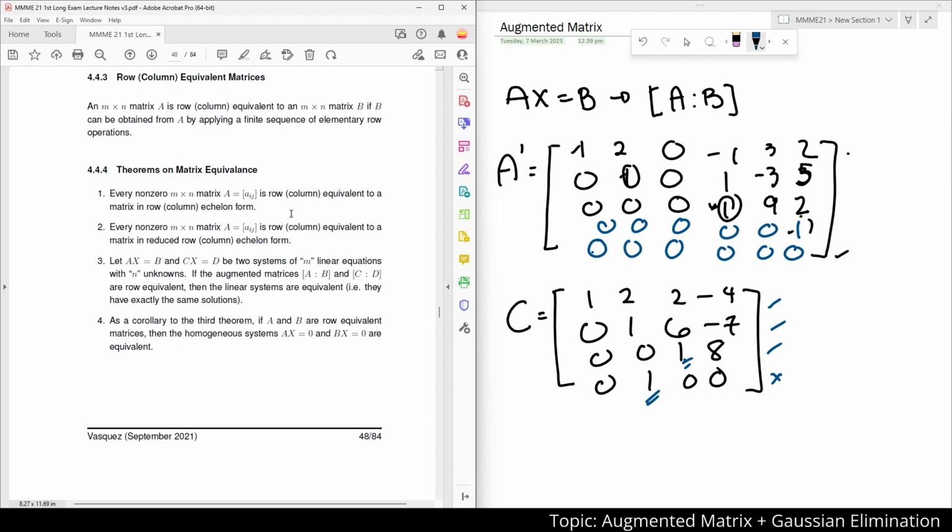Second, every non-zero matrix A is row equivalent to a matrix in reduced row echelon form.